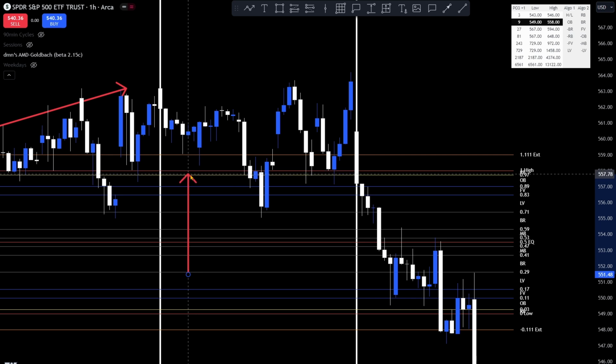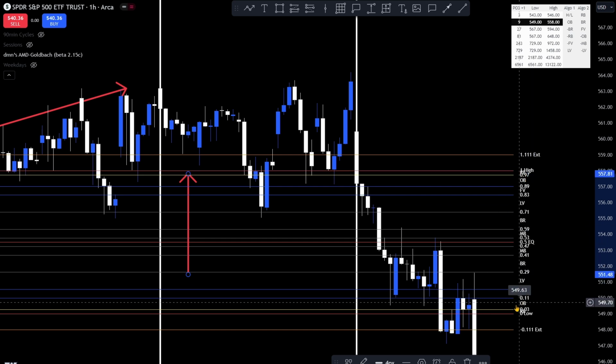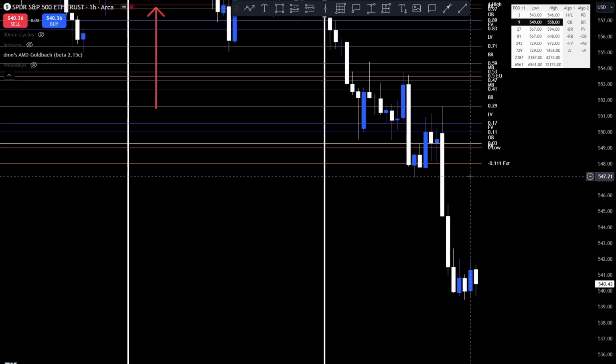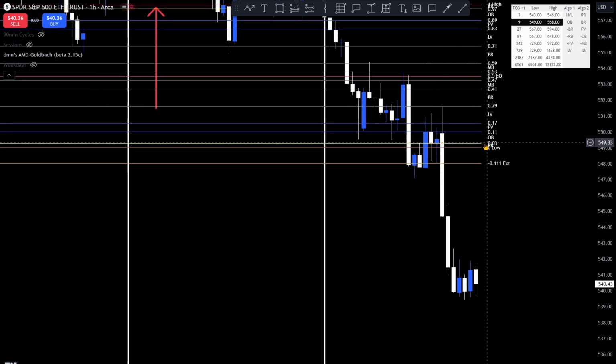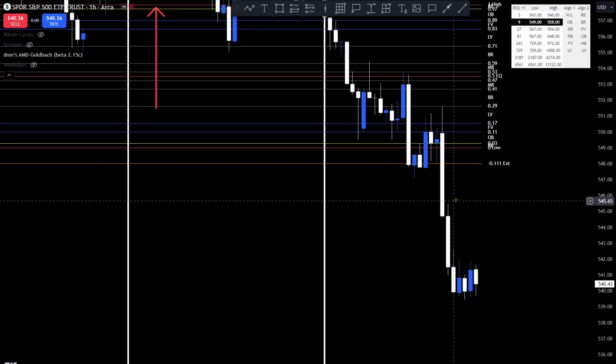And the reason why I'm pointing at the high saying the low is when you shift this up, this high is now going to be a new low. If I shift it down again, this is going to be the new high of this dealing range down here.